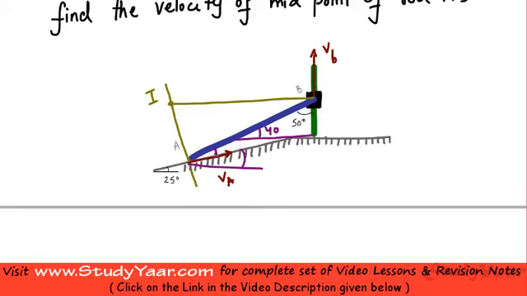This angle is 25 degrees, so this angle would be 40 minus 25, that is 15 degrees. Now since this is perpendicular, if this is 15, obviously this is 90 minus 15, which is 75 degrees. Also, since this is perpendicular and this is 50, this is going to be 90 minus 50, which is 40 degrees.